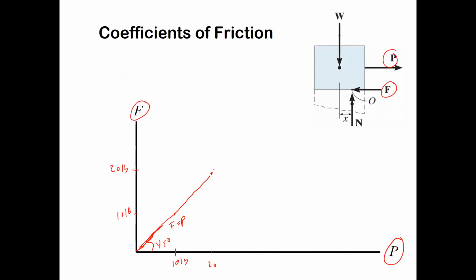But there comes a time when the friction can't keep up anymore. The bonds actually start to break, and you reach a limit. This is the limit of static friction. There is a special notation for this. Fs is the limit of static friction, and that is μs, the coefficient of static friction, times the normal force.